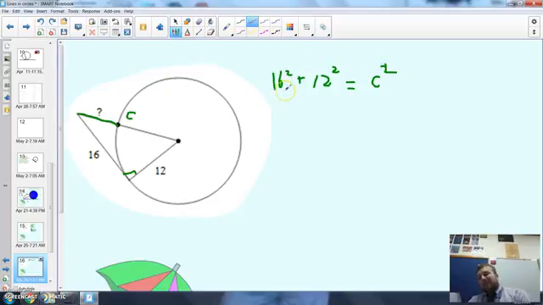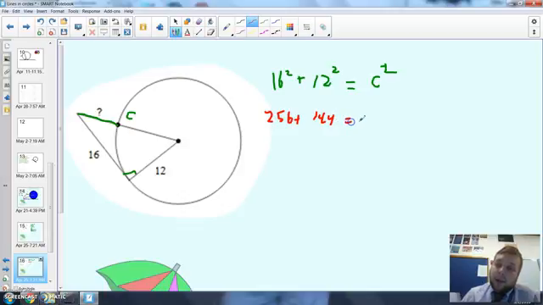Alright. 16 squared is 256. 12 squared is 144. And that's going to equal C squared. Now 256 and 144, I believe that is 400. So that's C squared.